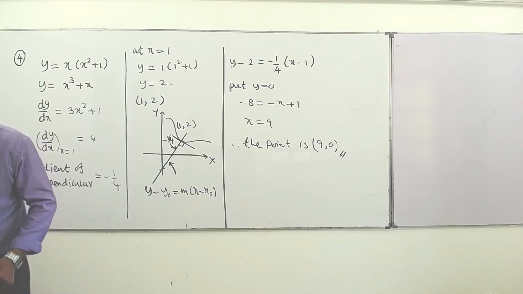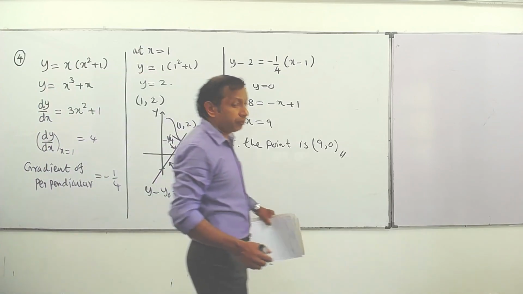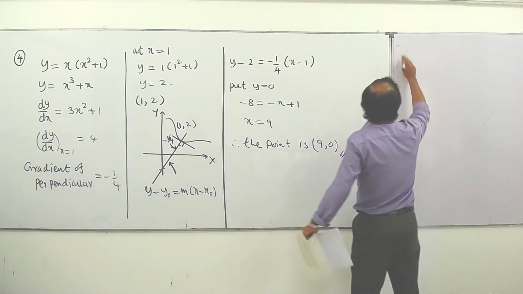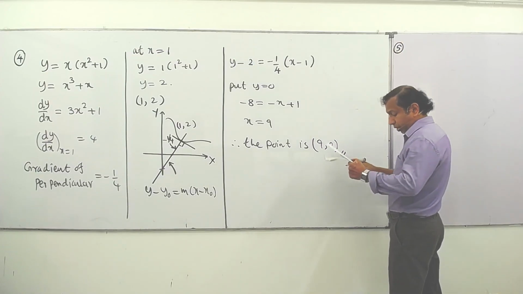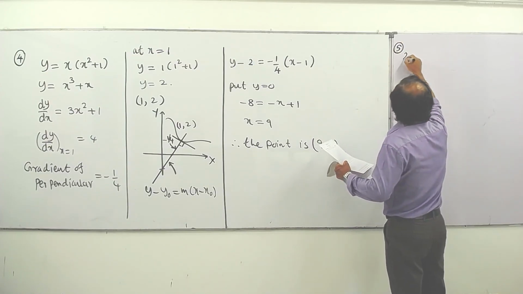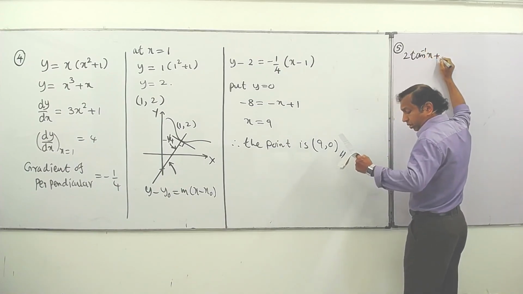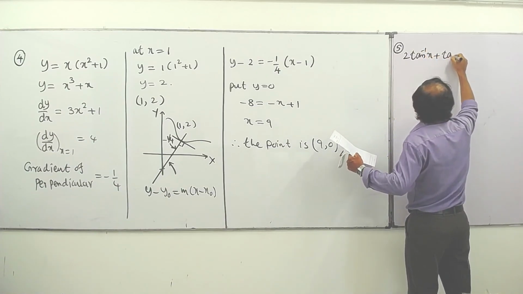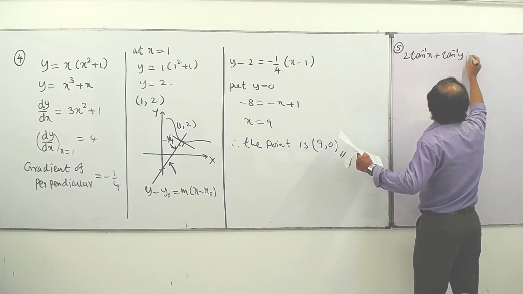Number 5, given this way: 2 tan inverse x plus tan inverse y equals pi by 2.